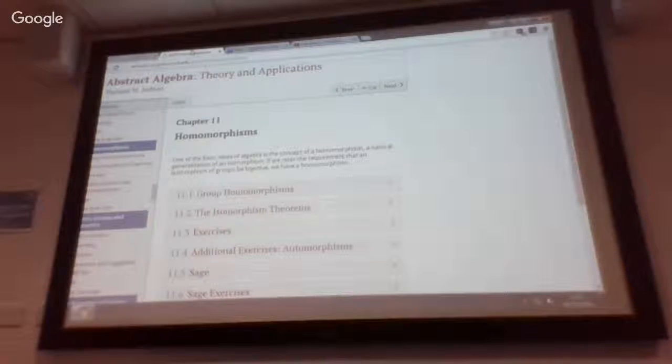Okay, so this chapter on homomorphisms. We've been talking about homomorphisms a little bit as we were discussing isomorphisms. So I'll give a lecture on some of these topics, picking out important points and discussing some of the examples that are there.